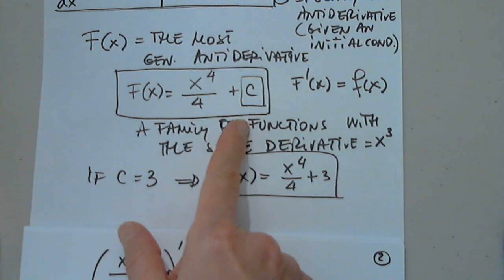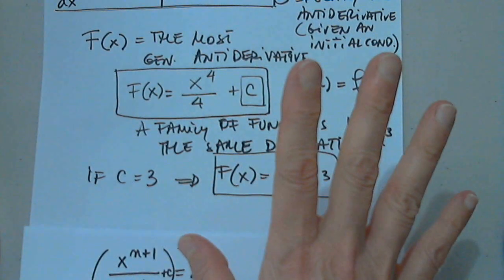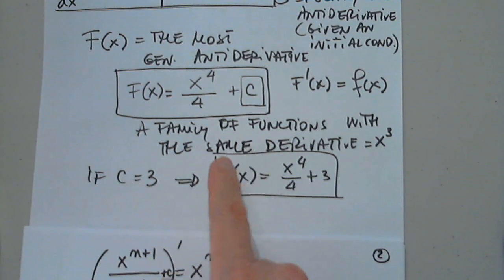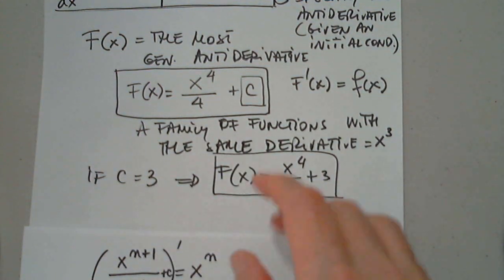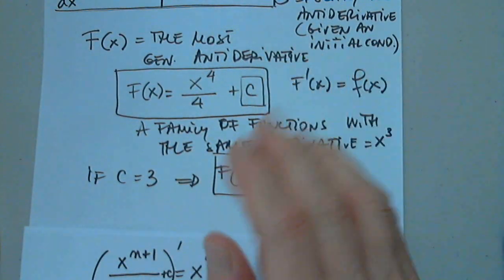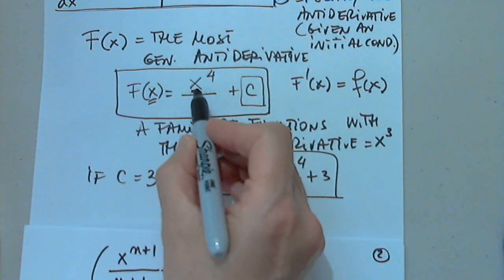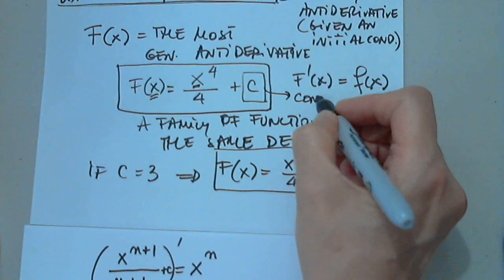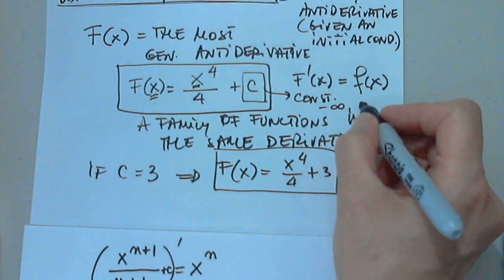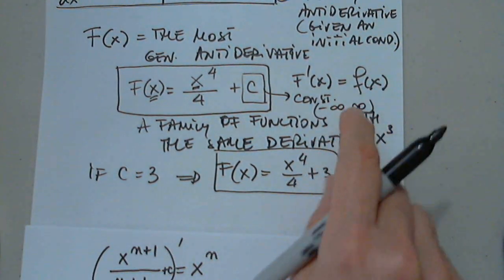Infinite. Okay, so if it's asking for the general antiderivative, then it has to have the c. Yes, mandatory. Because this is not a variable. The variable is only one, x. This is a constant. And it can be anywhere between negative infinity and infinity.